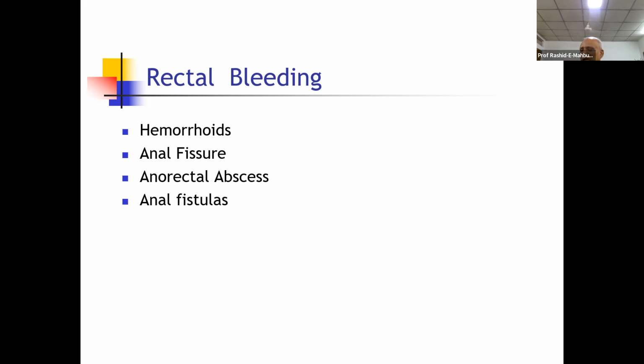When it bursts into the skin, it is not a fistula, it is a sinus. When it bursts into the rectum, then it causes a fistula, because a fistula opens on both sides, but the other one opens on only one side. So a sinus and a fistula are different things.